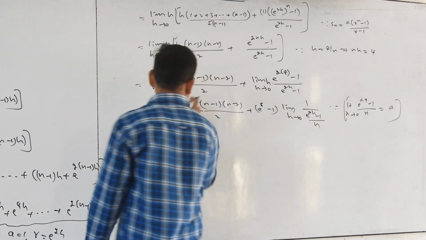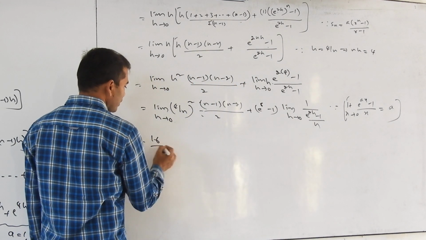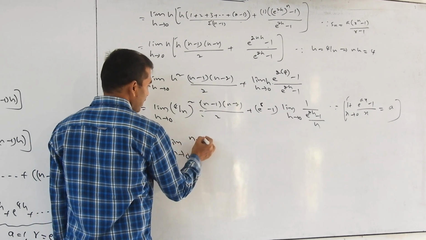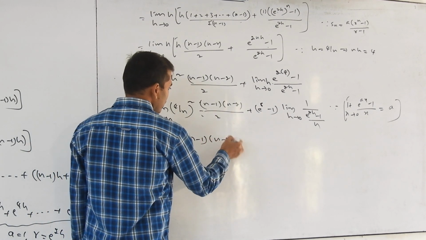Next, this is 4 square by 2, constant. Limit as h tends to 0, n square comes down: (n minus 1)(n minus 2) by n square.